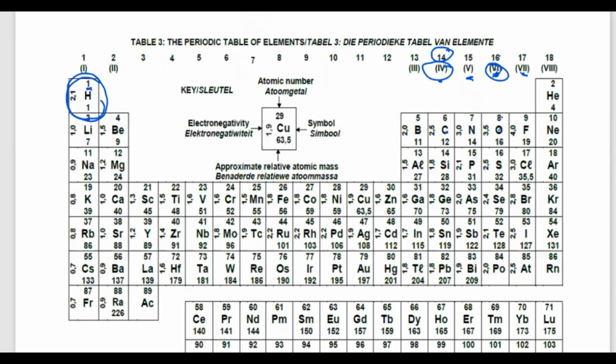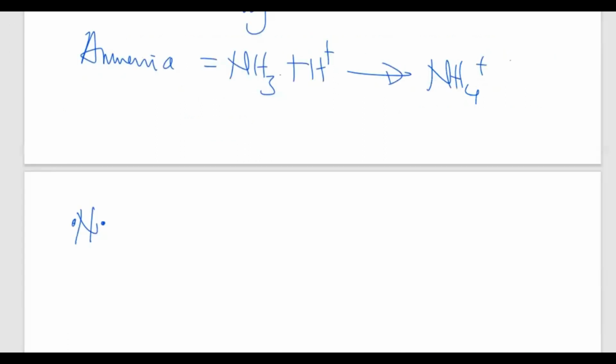They're telling you here it is in group 5. It means that it has 5 electrons. 1, 2, 3, 4. Then I put a 5 there. But now, hydrogen is in which group? Hydrogen is in group 1. It means that it has only 1 electron. Meaning that I have 3 of them.